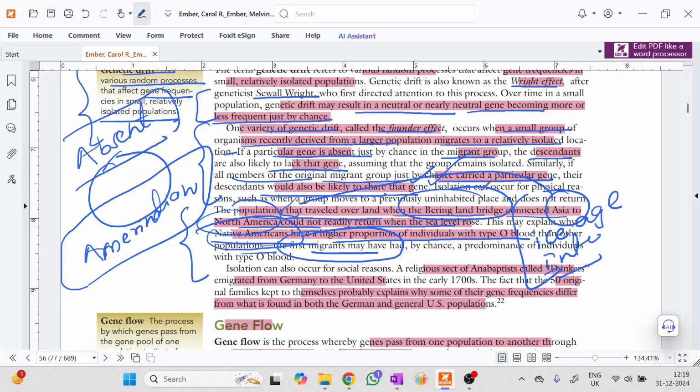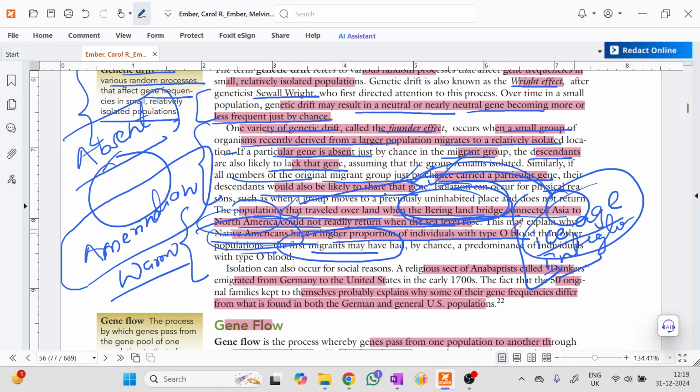During that time, the frozen Bering Strait helped in their migration from Asia to North America. But during the interglacial, when the atmosphere became warm and the ice melted away, they could not return.